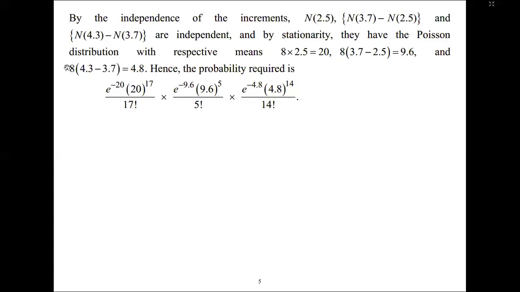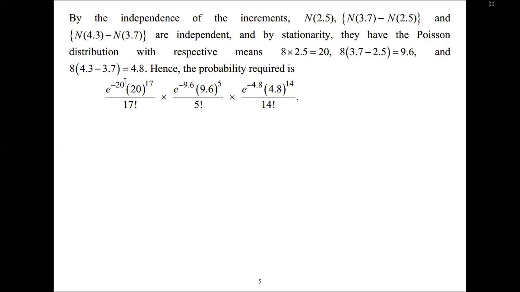You multiply that by 8, which gives the parameter 4.8. So the first has a Poisson distribution with parameter 20, the second with parameter 9.6, and the last with parameter 4.8.